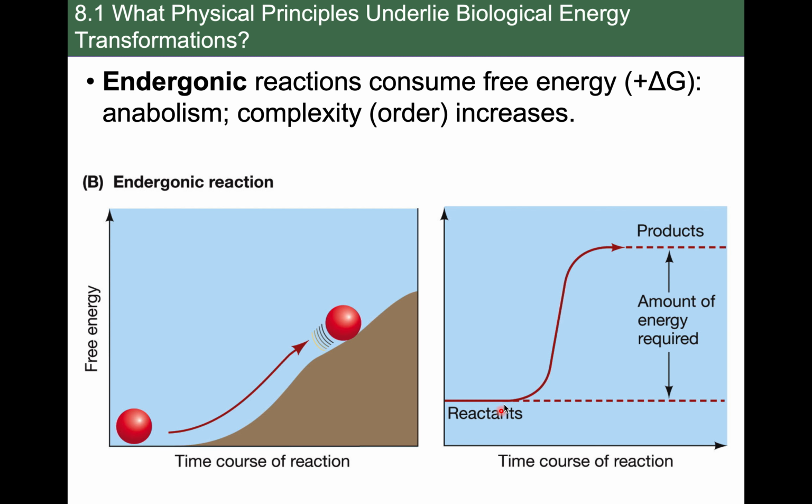And likewise, in terms of a chemical reaction, this would be a situation where the products have a higher free energy than the reactants. So we have a positive change here. And as I was saying before, anytime you have a positive delta G, energy is required. That reaction is probably less likely to occur as frequently in a cell.